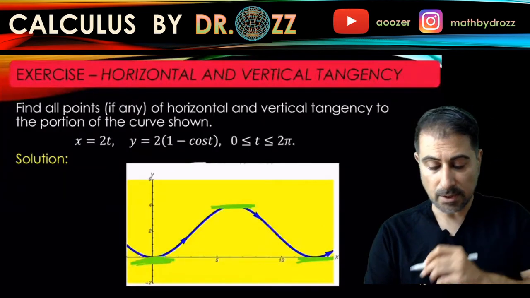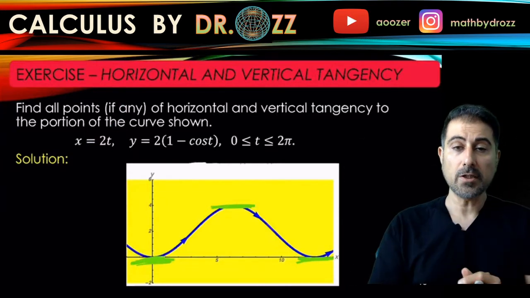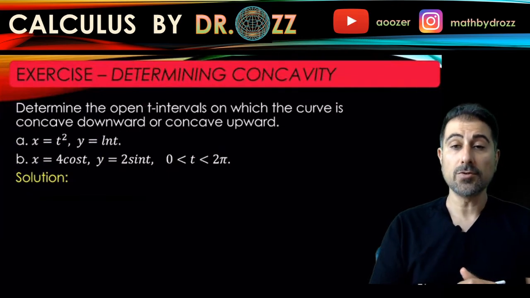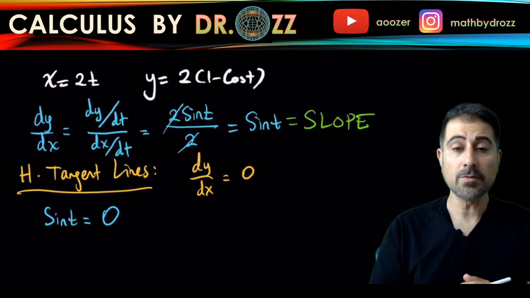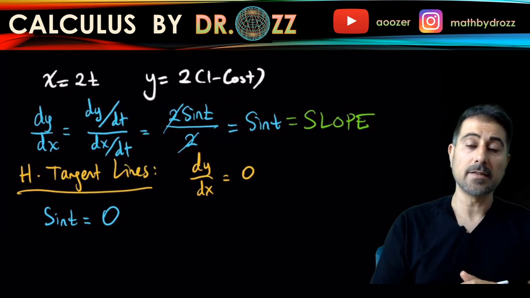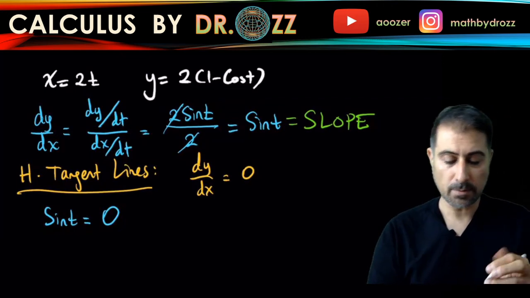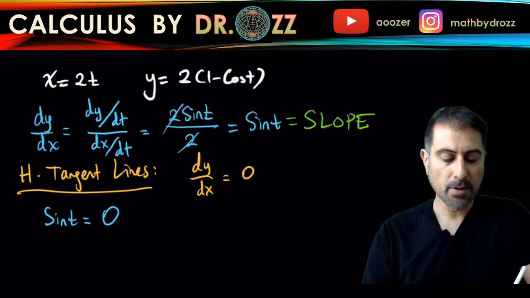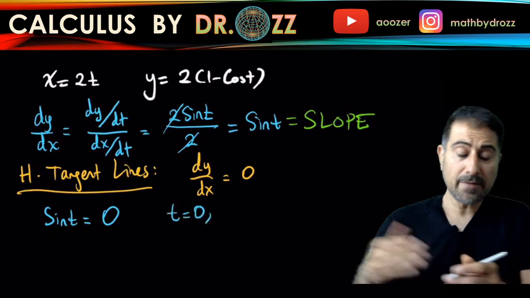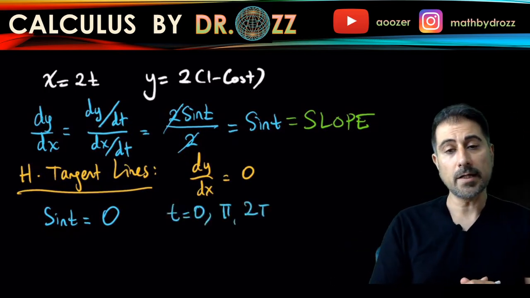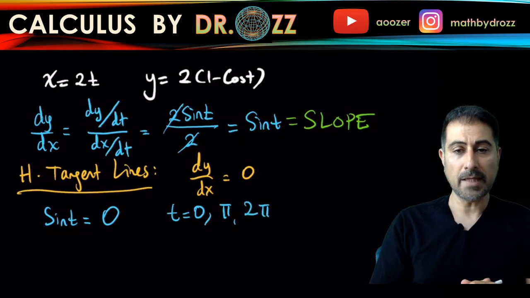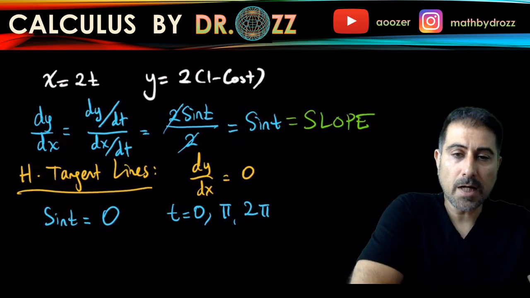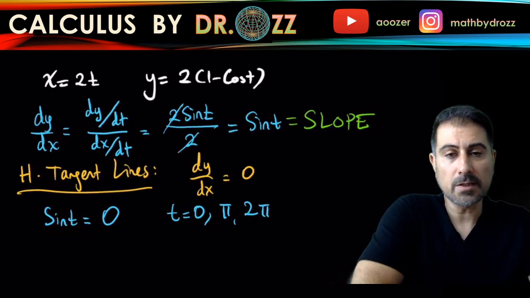Essentially you can have a unit circle here and check what kind of theta values take you to sine equals 0. Then you should be able to get t equals 0, pi, and 2 pi. In fact, this goes on and on because we are talking about integer multiples of pi making sine 0, but since the interval given in the problem for t is 0 to 2 pi, we can only go that far.